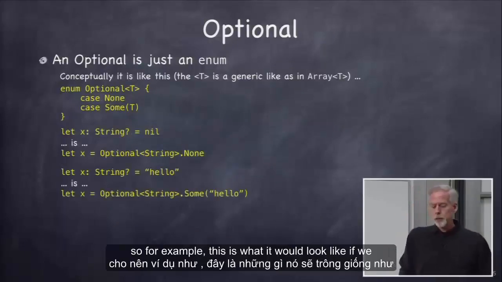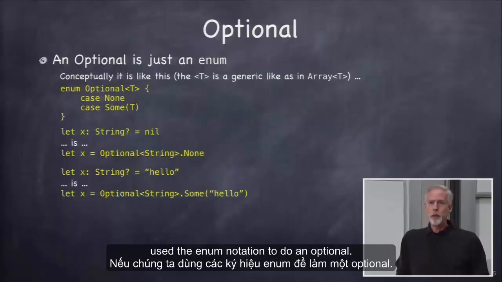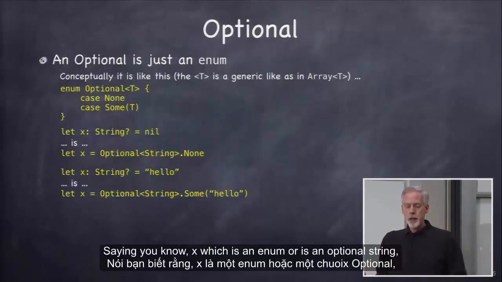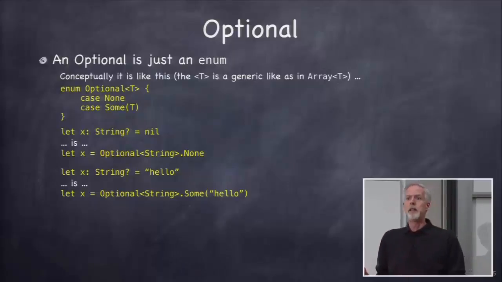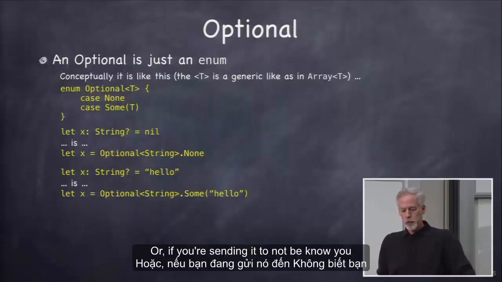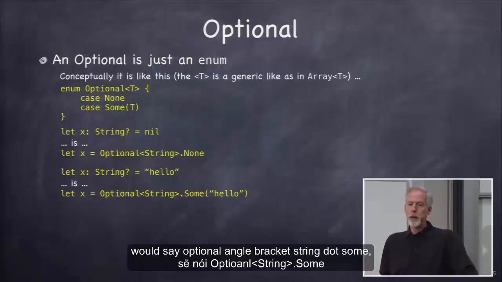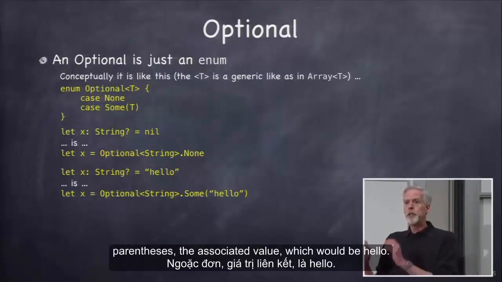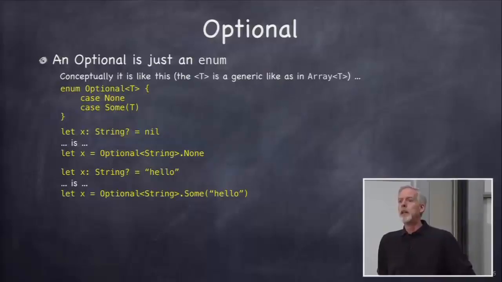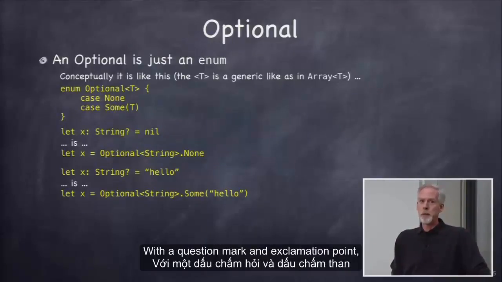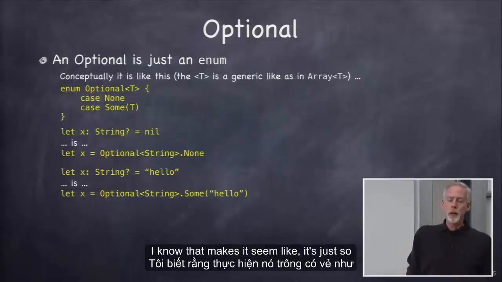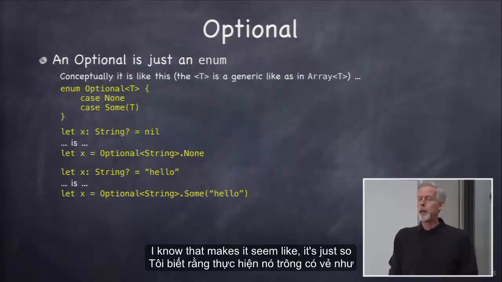And so, for example, this is what it would look like if we used the enum notation to do an optional. Saying x, which is an optional string, equals nil would just be saying x equals Optional<String>.none. Or if you're setting it to not be none, you would say Optional<String>.some, parentheses, the associated value, which would be hello. Does that make sense? So optional is actually super simple. The question mark and the exclamation point make it seem like, whoa, it's really complicated, but it's pretty simple, really.